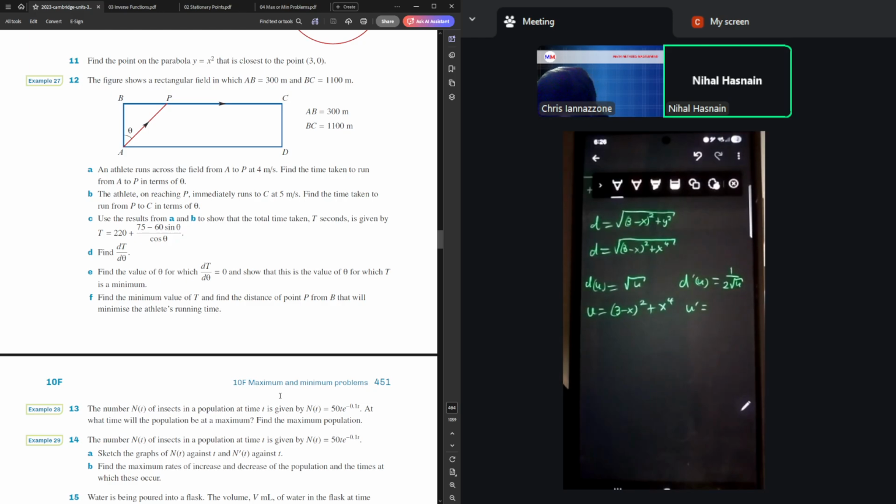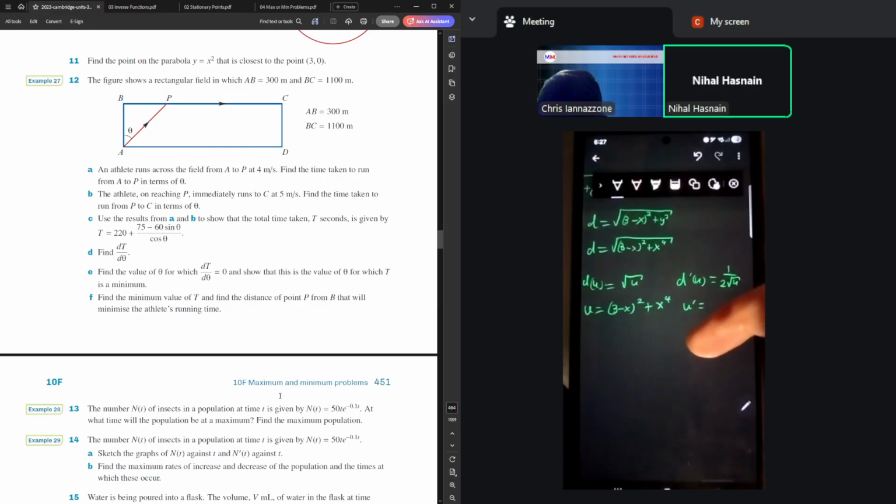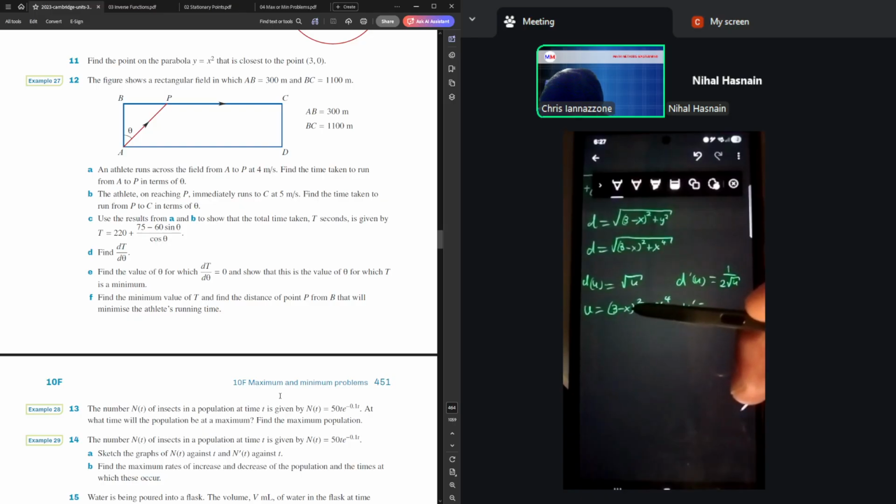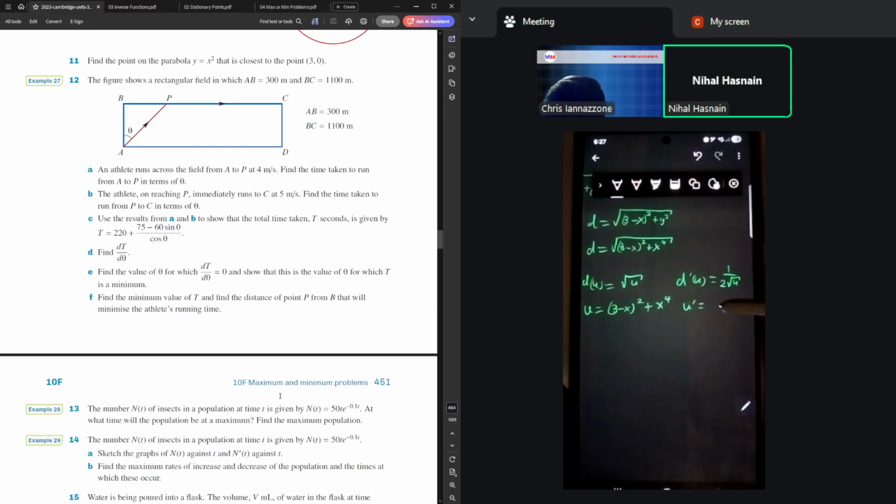The first term there is 3 minus x whole squared, so 2 of 3 minus x times negative x. Are you trying to chain rule that? It wouldn't be negative x, it'd be negative 1 because it's the derivative of the inside. Oh yeah, negative 1. That's what I was thinking, but I said something else.